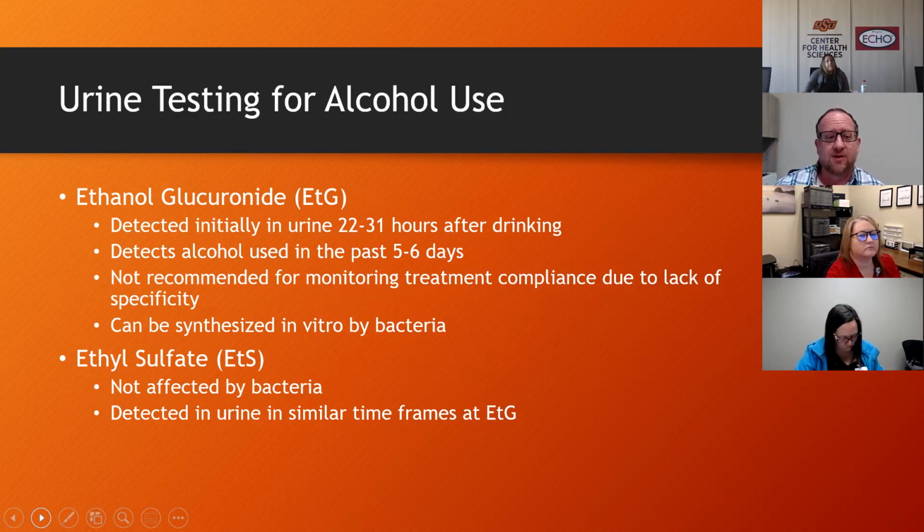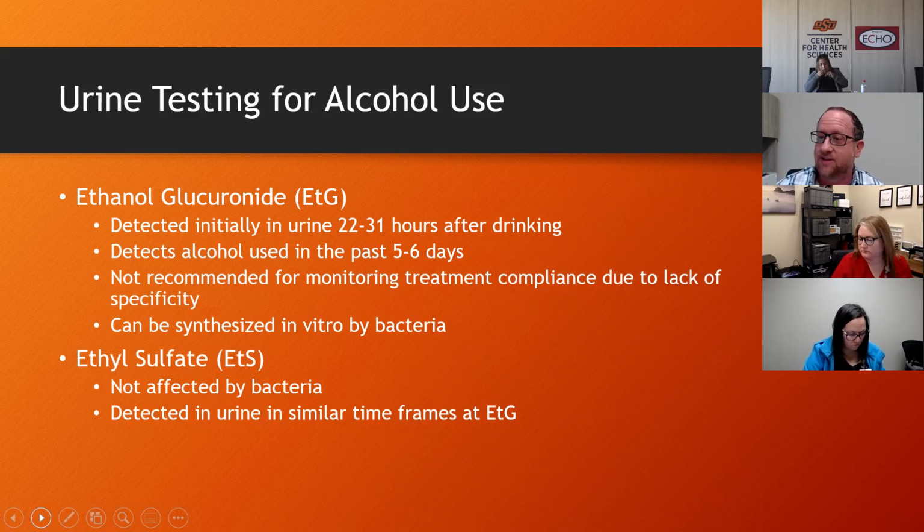There is something called ethyl sulfate, or ETS, also a urine test that's similar to the ETG in its detection periods, but even if you leave the urine out for longer periods of time, it won't test positive just because bacteria are present. Another thing with ETG is that if you are a diabetic and you have urinary tract infections, they tend to have falsely positive ETGs as well.